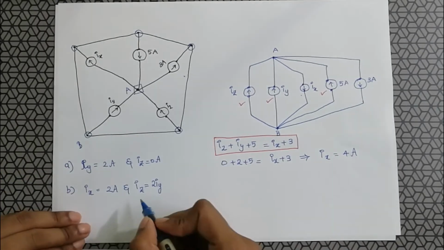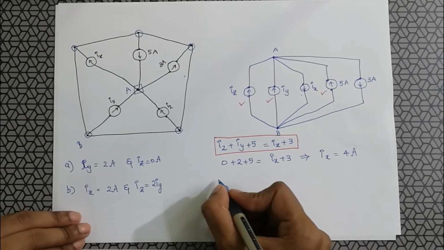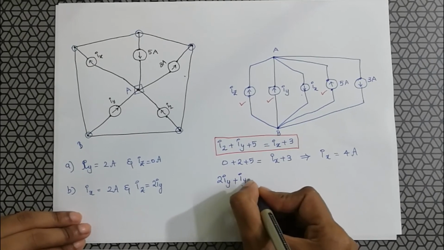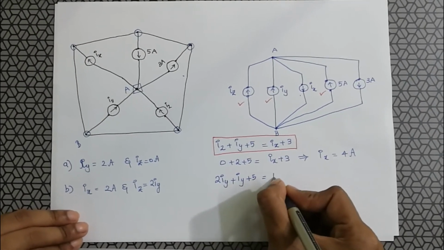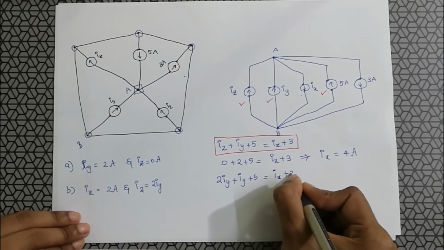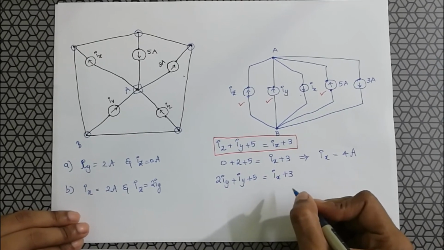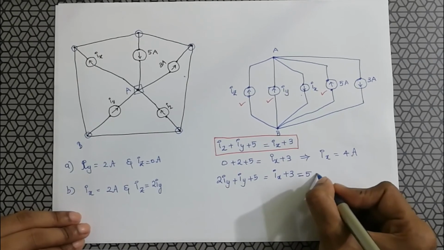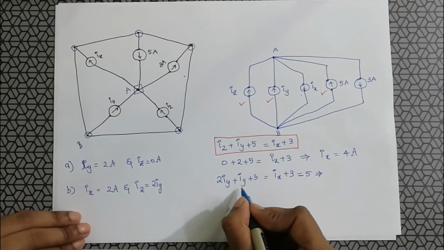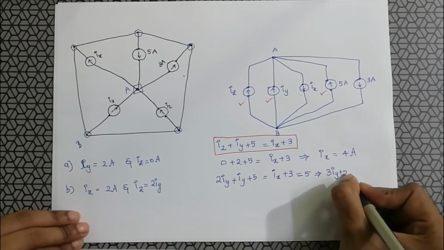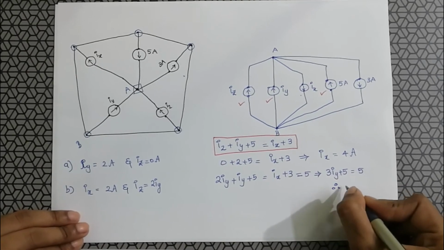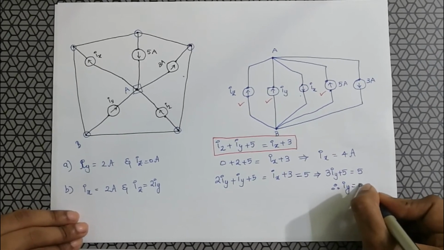So now let me substitute Iz as 2Iy. 2Iy plus Iy plus 5 equal to Ix plus 3. And what is Ix? 2 ampere. So 2 plus 3 is 5. This implies that 3Iy plus 5 is equal to 5. Therefore, Iy will be 0 ampere.